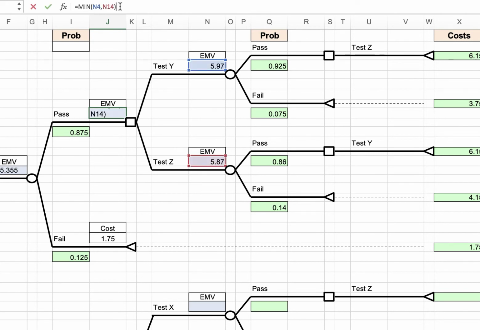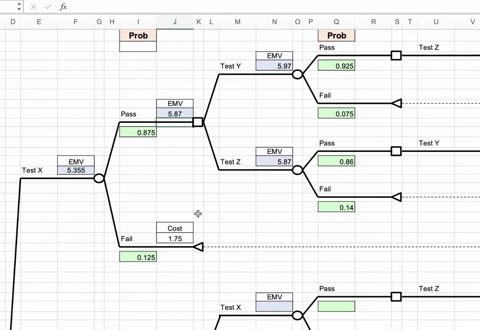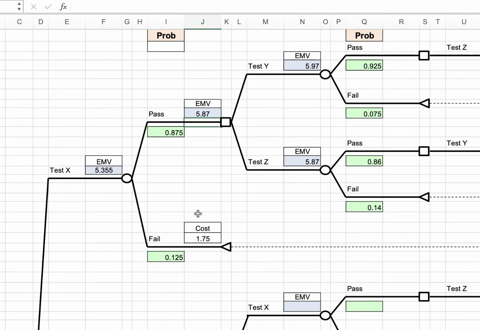If this were a profit problem, something where we want a bigger number, we would choose the maximum. And then we finally have one more expected value to calculate. Remember, we're only paying $1.75 12.5% of the time when we begin with X and fail. Now the 5.87 gets weighted at the probability of pass, which is 1 minus that, or 0.875.